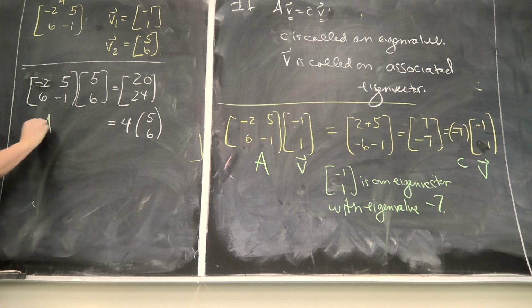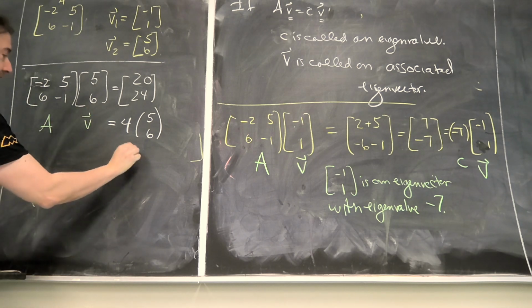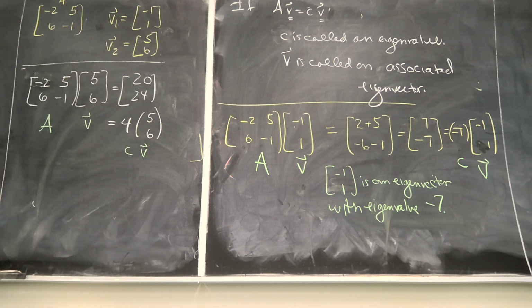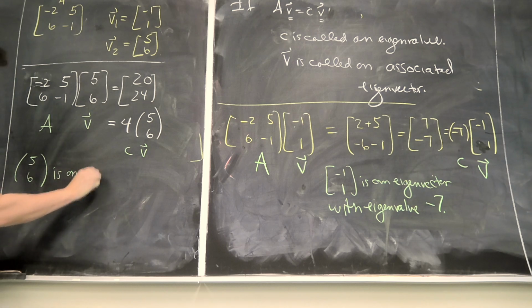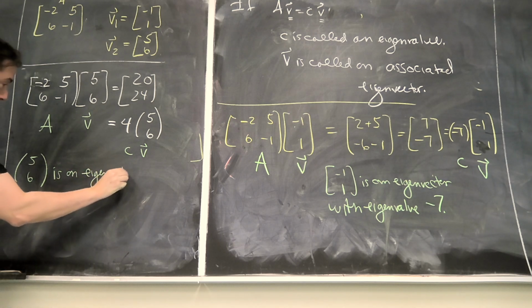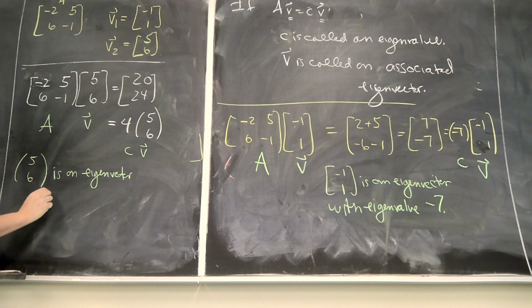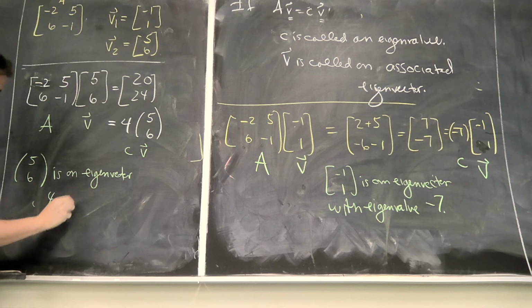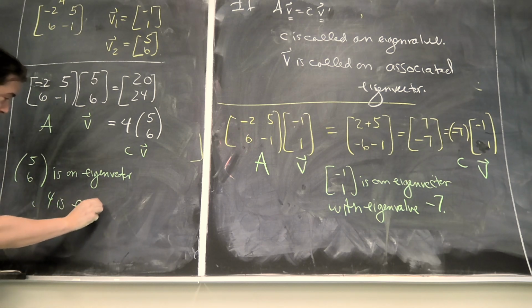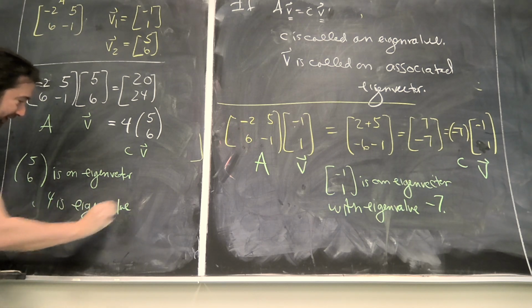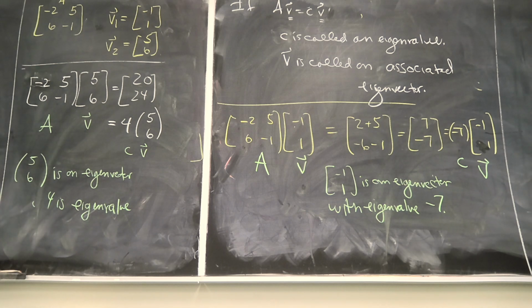So A times V is equal to C times V. So [5, 6] is an eigenvector, and 4 is its eigenvalue. Together they are an eigenpair, and a lot of professors will call all this eigenstuff.